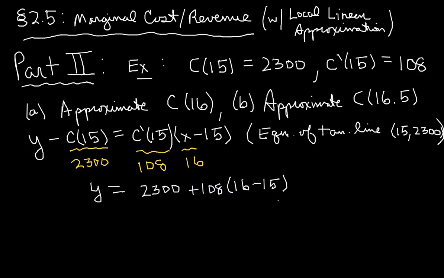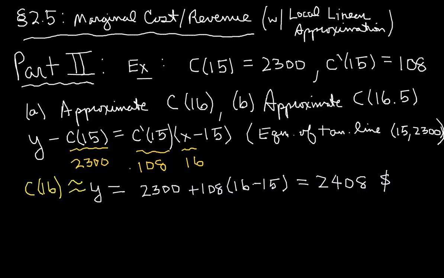But 16 minus 15 is just 1, so 2,300 plus 108 is just 2,408. And this is an approximation for C of 16.